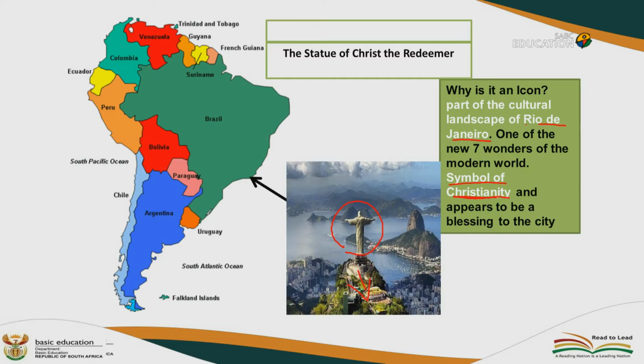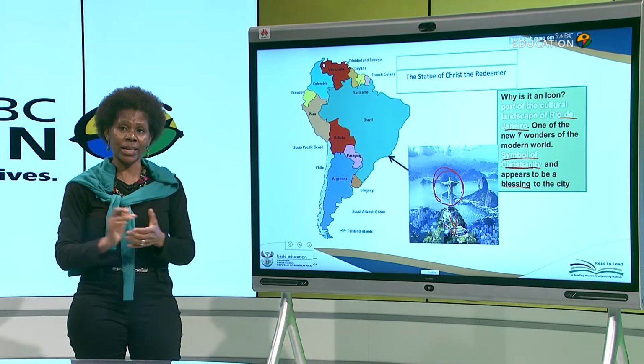So this one was made purposefully on top of the mountain so that it overlooks Rio de Janeiro. It appears to be a blessing to the city, to the people of Brazil, to the people where it is situated. It's a blessing to them because of the hands.